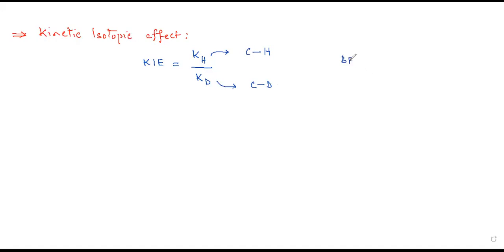We know that the bond energy of the C-D bond is more when compared to the C-H bond, right? So this particular bond undergoes cleavage readily. Bond can be readily broken. Let us take the example.